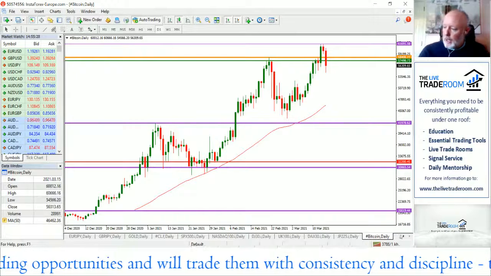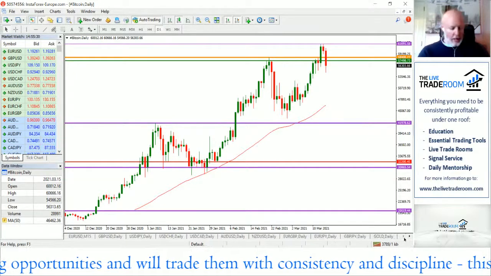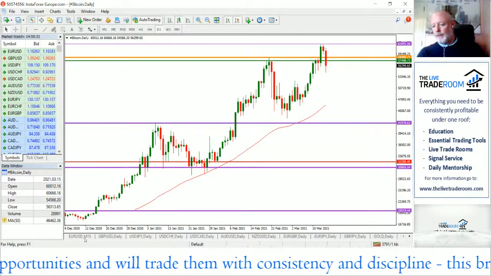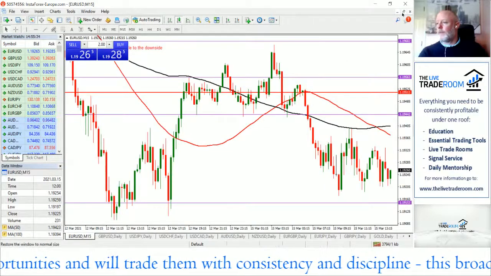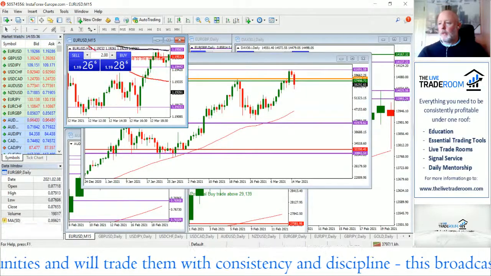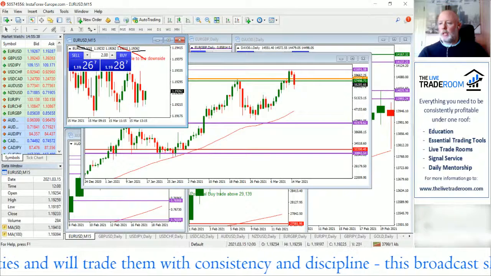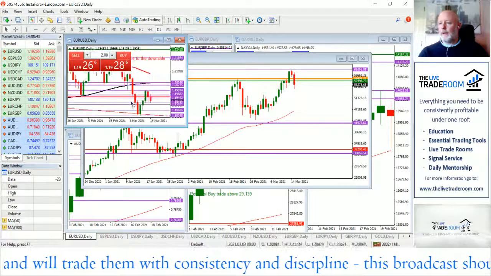Okay, so let's set up our trade plan then. We can start with the euro dollar. Let's look at it just on the daily time frames for now.